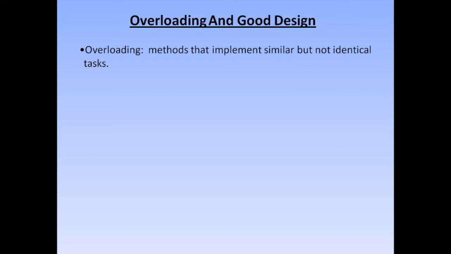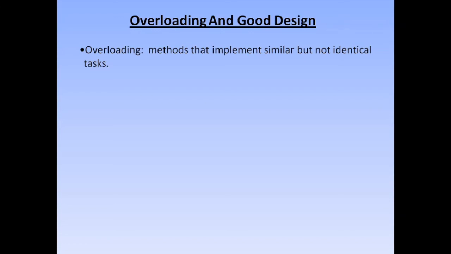Overloading is definitely a good design for methods that implement similar but not identical tasks. If there are a couple of methods, or three or four methods, that have a similar purpose, then we give them the same name.